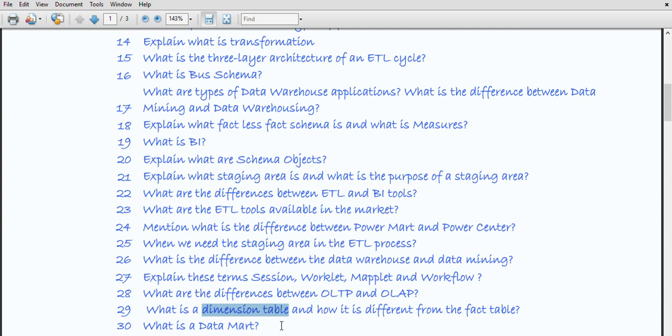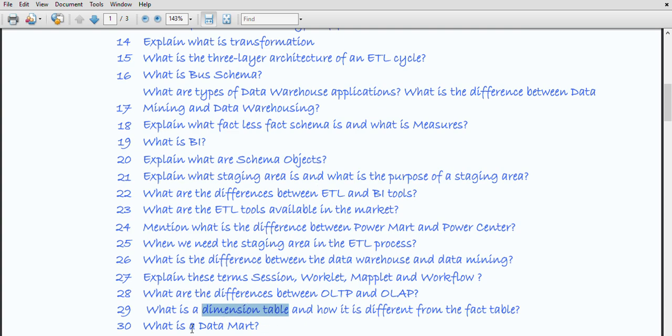For example, one table stores the customer ID, product ID and number of units sold, and another table stores the customer ID, customer name, or detailed information related to the customer. This is the dimensional table, and the fact table indicates the number of products sold. So this is the relation between the fact table and the dimensional table.